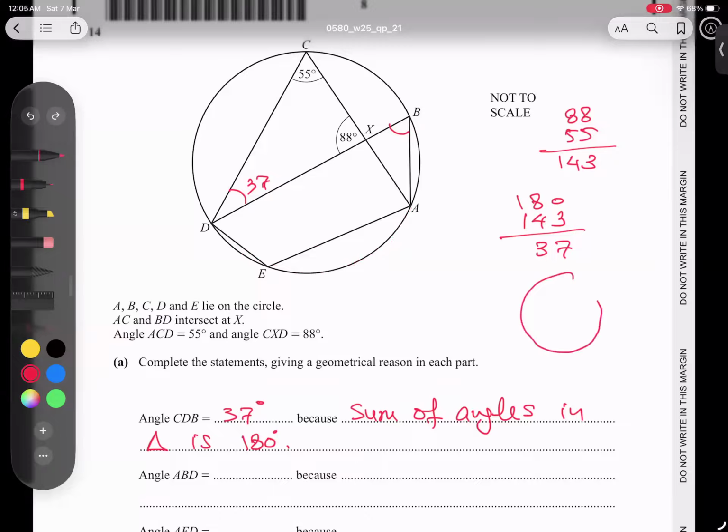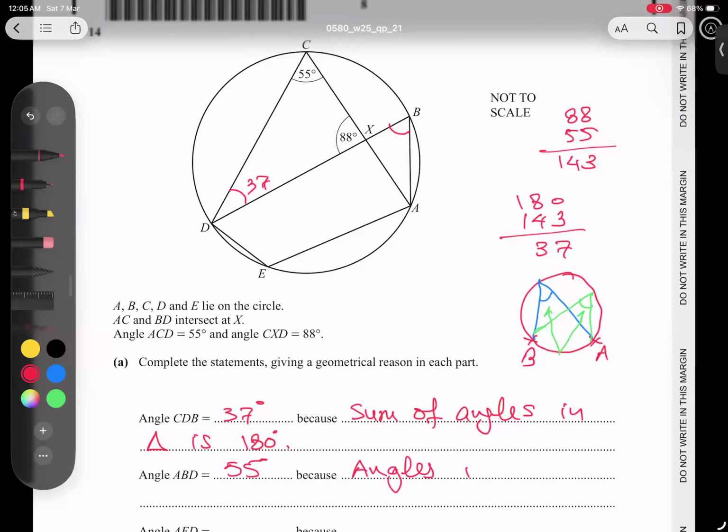So a small idea: if 2 points A and B are fixed, and I join here, and I join here, both angles are the same. And what's the reason? We can write the answer 55. Angles in the same segment are equal.